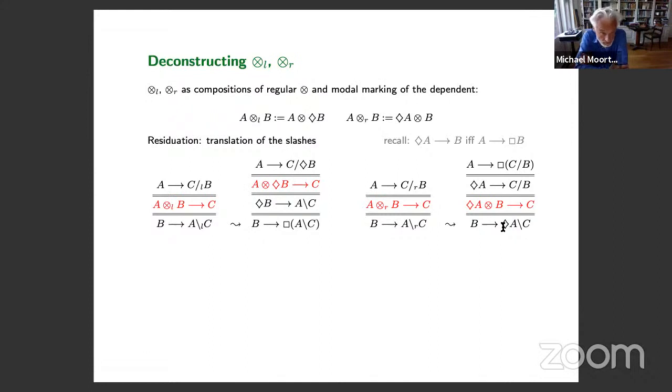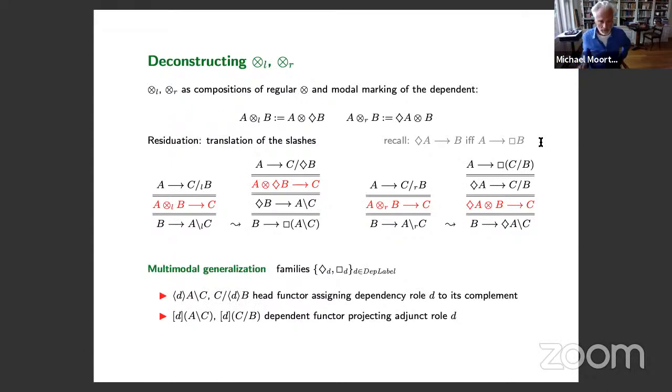So once you have set the definition for the two headed tensors, the translation for the slashes, pardon, is going to follow directly from the residuation laws, where you have to recall that for the diamond and the box operations, the residuation pattern works as indicated here.